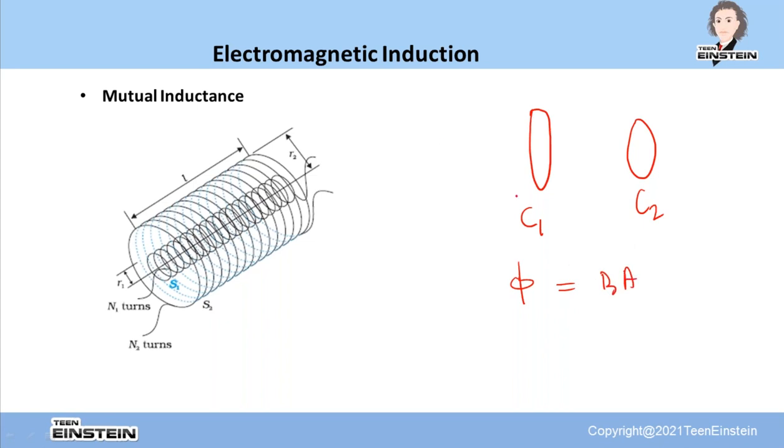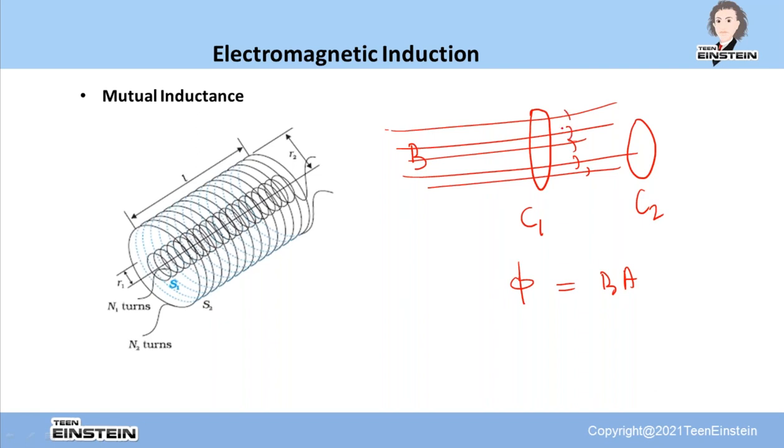Flux linked means, if I have a source of magnetic field over here, then when the magnetic field lines are passing across the area of the loop or the coil, say there are 3 to 5 magnetic field lines passing through this, so I'll say the flux linked with C1 is 5, something like that.